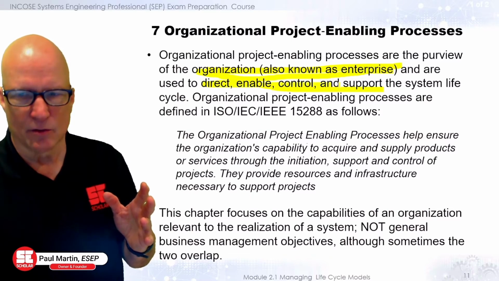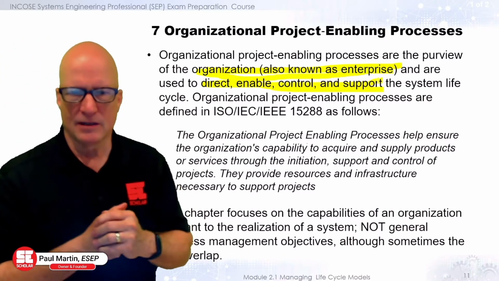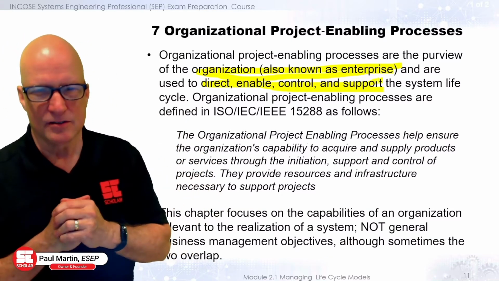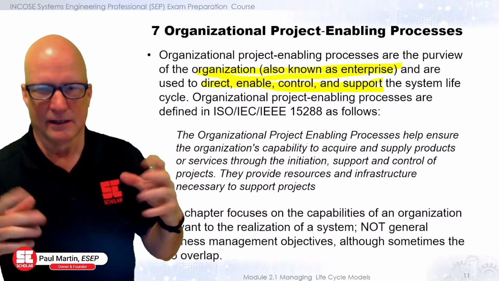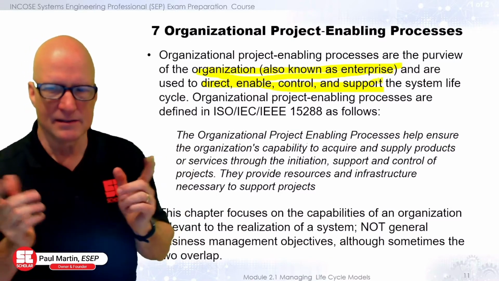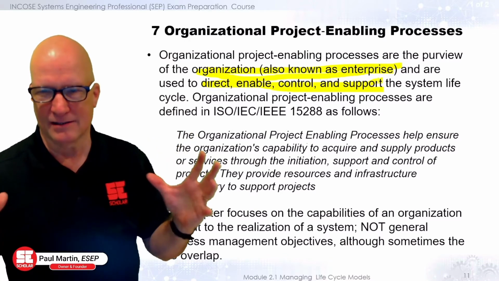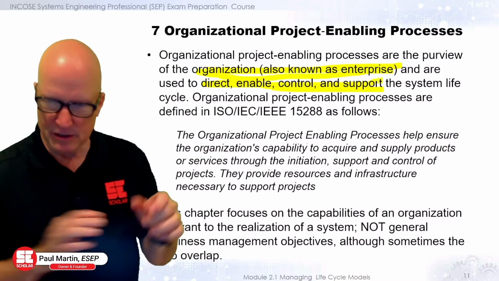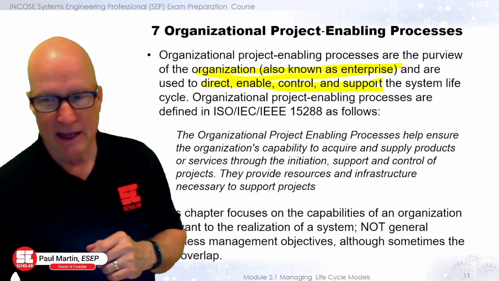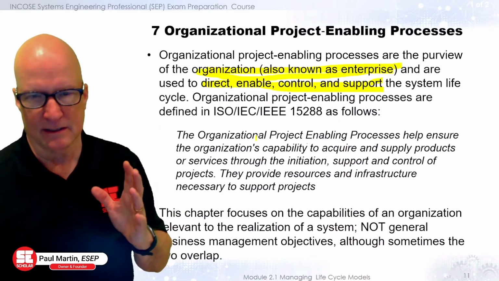So that's actually one of the reasons I go from the inside out, because yesterday we just spent half the time talking about life cycles. And so it makes sense that maybe one of the first processes we should talk about is the life cycle management process. And of course, that falls underneath Chapter 7. And it's part of the organizational project enabling process.